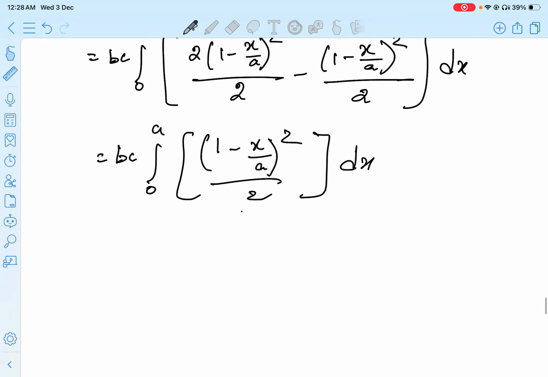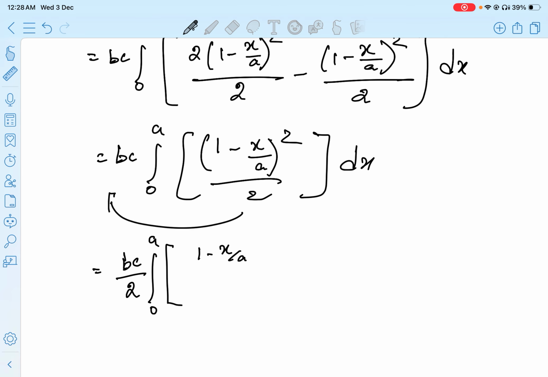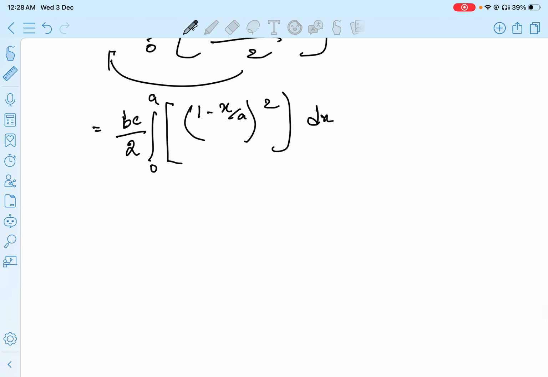So again we can take this outside. So bc by 2, shall we integrate it? So it will become 1 minus x by a. This is what we have, so I am going to integrate this with respect to dx.